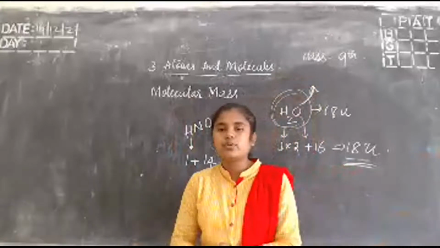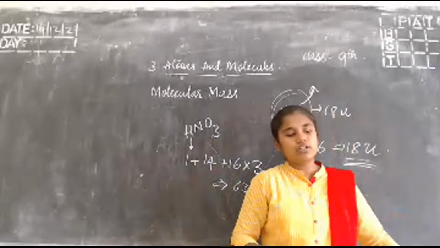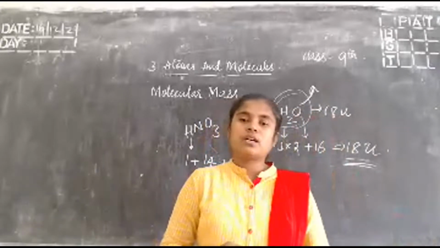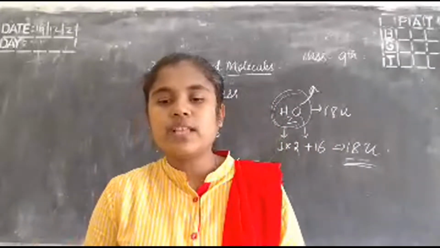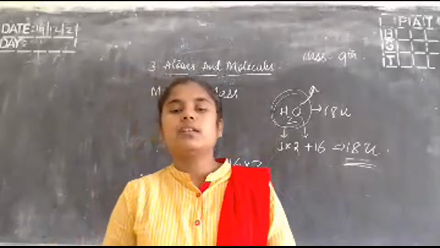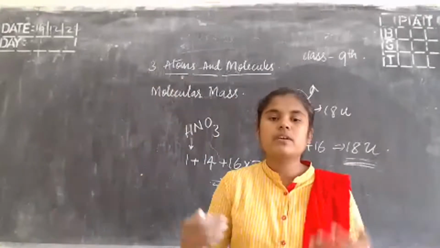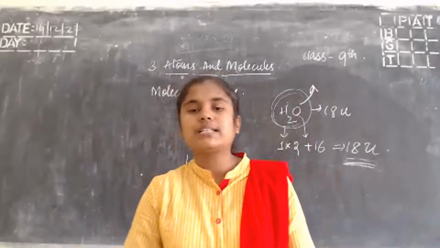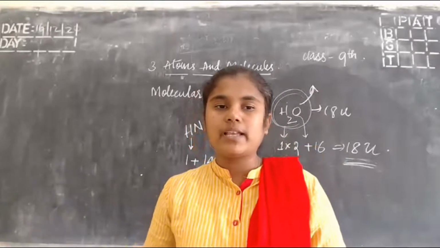I hope whatever we have learned in today's class is clear for you all. We have learned about atomic mass, then about molecules, then about ions, how we say the charge of that ion: if it donates, it is a cation, it gets positive. If it receives an electron, it is called an anion. And we have learned the trick to remember cation and anion.